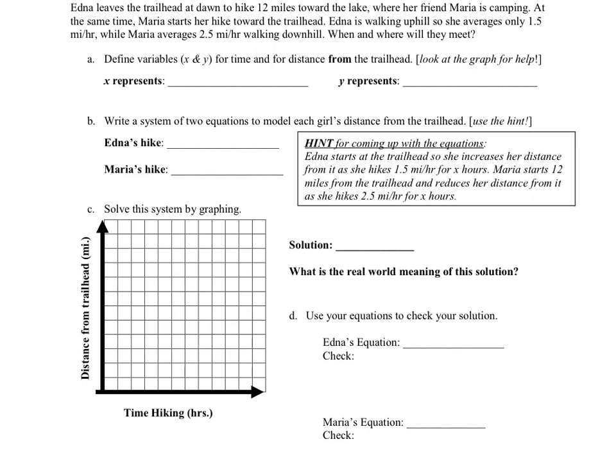So x represents the time hiking, and y is going to represent their distance, and let's be specific. It's going to be their distance from the trailhead, because the problem is specifically telling you that we're discussing distance from the trailhead.